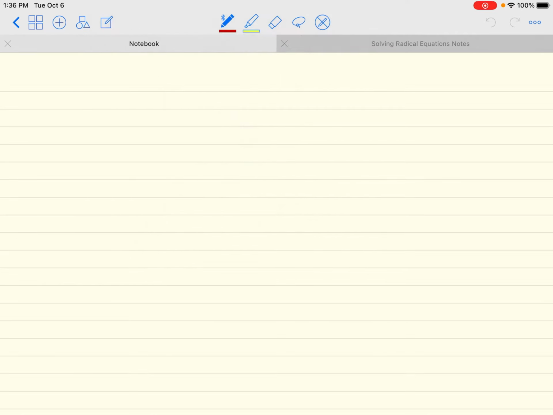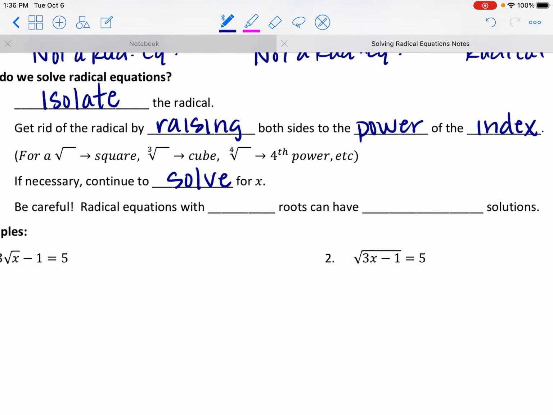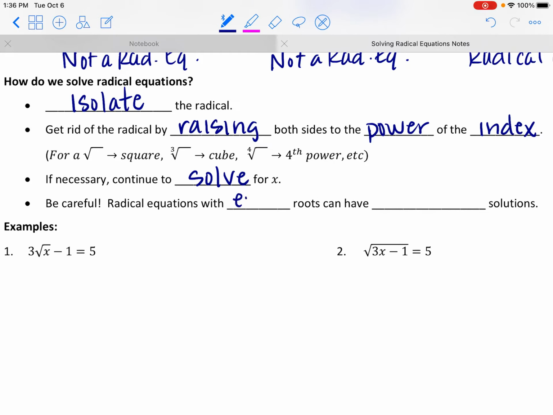Remember, for a square root, I can't, for example, take a square root of a negative 4 and get a real number answer or solution for that. So anytime we're restricted, we have, again, this possibility of getting extraneous solutions. So radical equations with even roots, these are the ones we have to worry about. Cube roots, fifth roots, those are not restricted. We can take odd roots of any types of numbers, so we won't get extraneous solutions there.